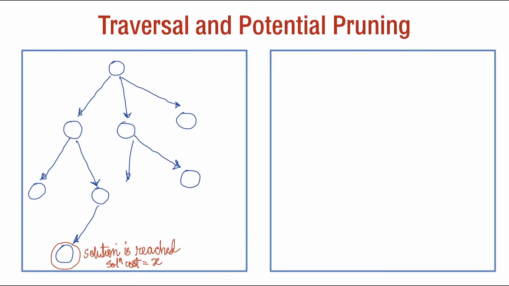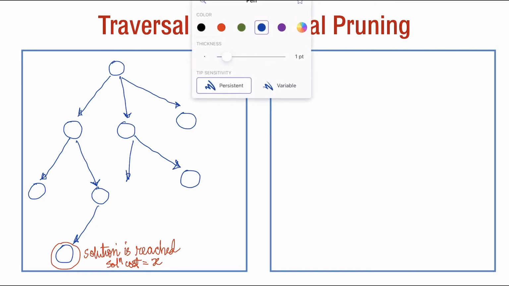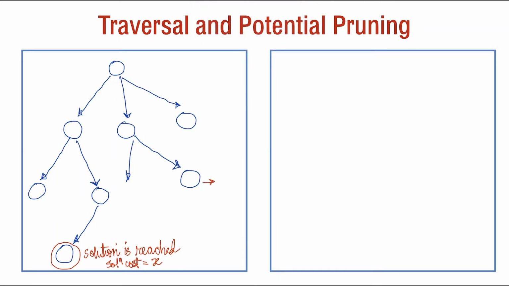So suppose at any point here the number of coins is y, and we have x less than or equal to y, which means that the current solution that we have obtained is at least as good as the coins already chosen at this stage.